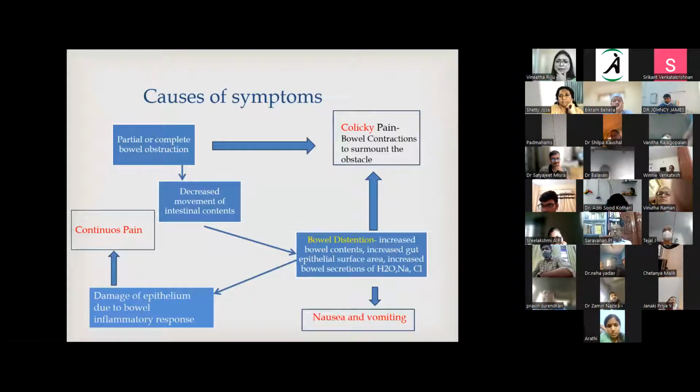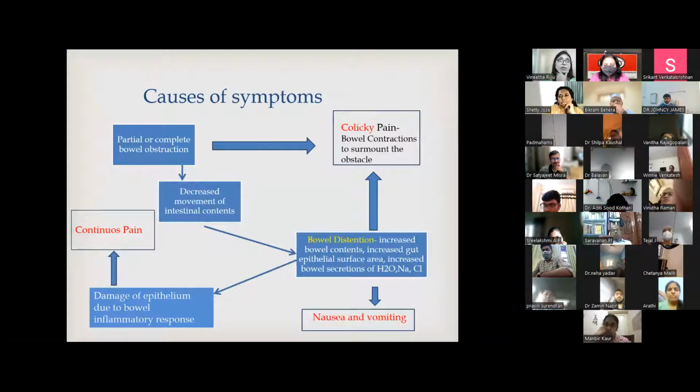Complete bowel obstruction per se would present with no flatus, no stool. And Dr. Bikram says X-ray, USG. Okay. The stool examination will help. Stool examination.